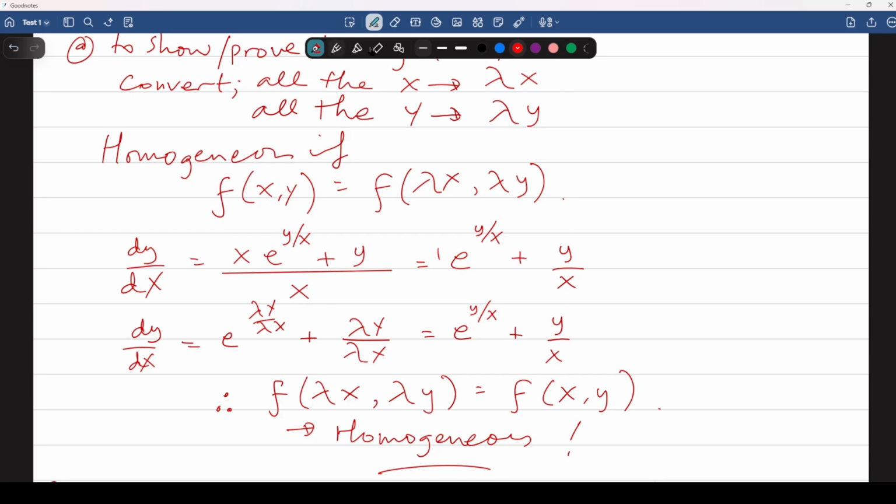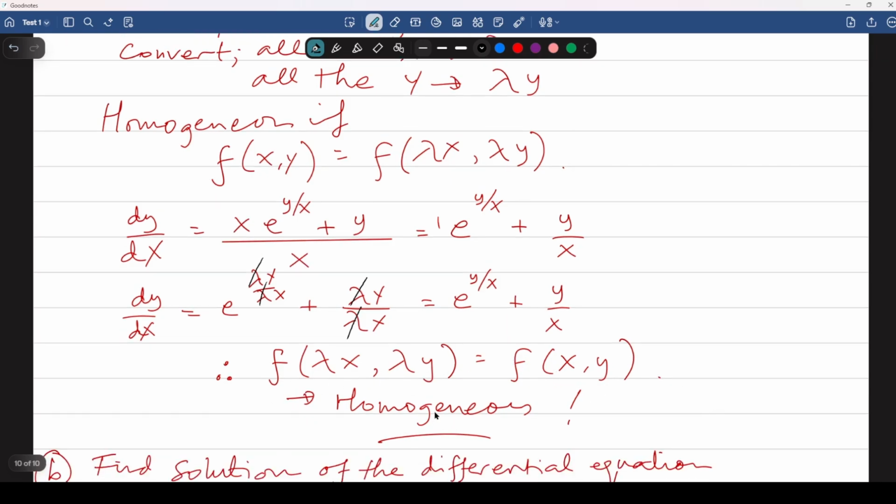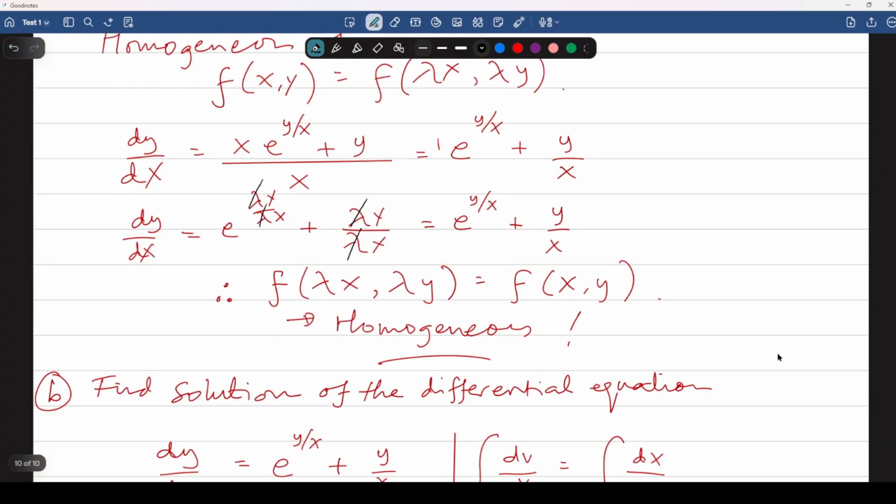As you can see, we can cancel all the lambdas, so we only end up with e to the power of y over x plus y over x, which is the original function. Therefore, the function of lambda x, lambda y equals f of x and y, and the differential equation is homogeneous.